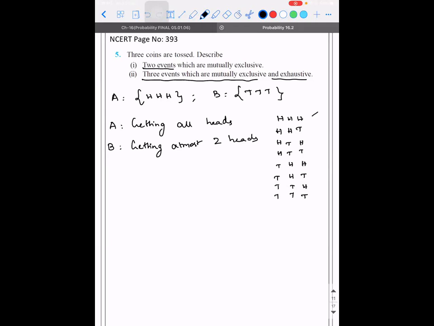So getting all heads, getting at most 2 heads. When I say at most 2 heads, all the tails will also come. Can we think of any event?